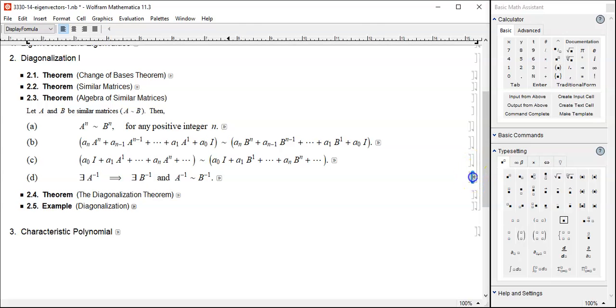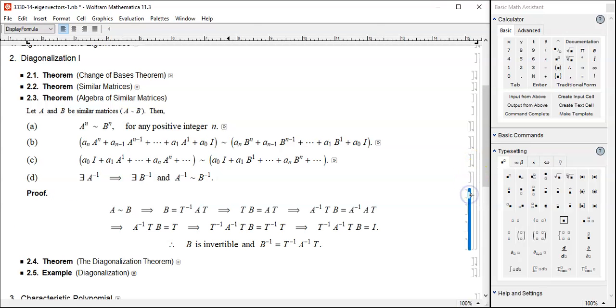How about for inverse matrices? All you have to do is flip those, inverse of inverse, and that's about it. So what do you mean by A and B are similar? B can be written as T inverse AT, and then flip those over, and then what do you get?